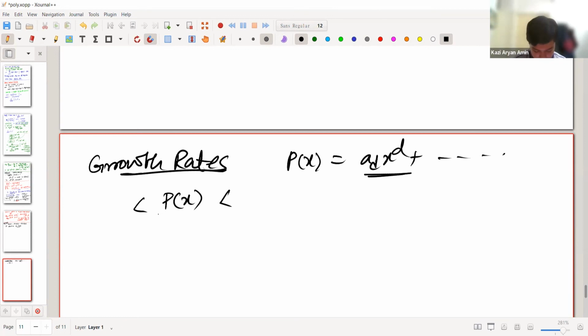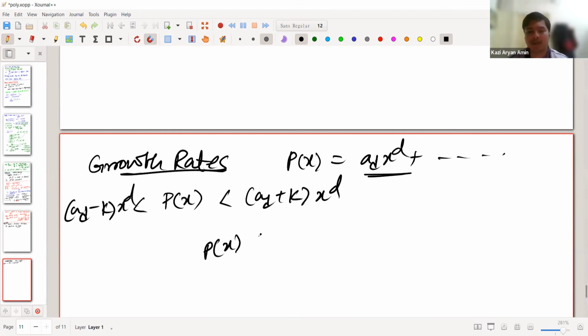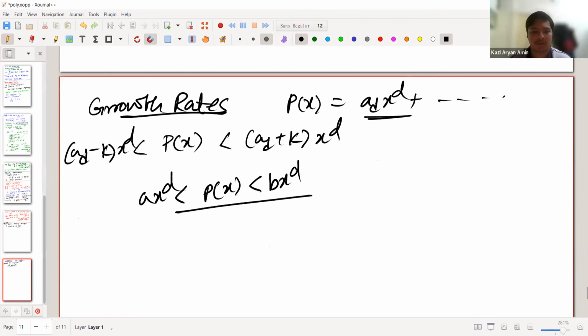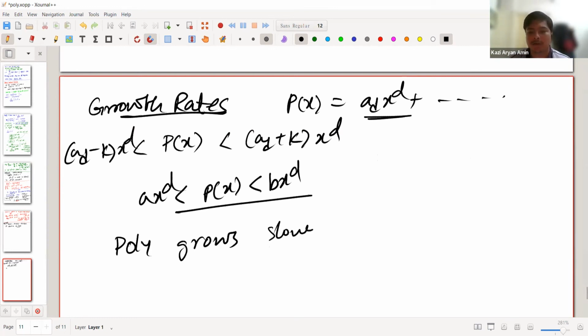And so for large enough x, you can basically say it gets sort of squashed between two multiples of x to the power d.